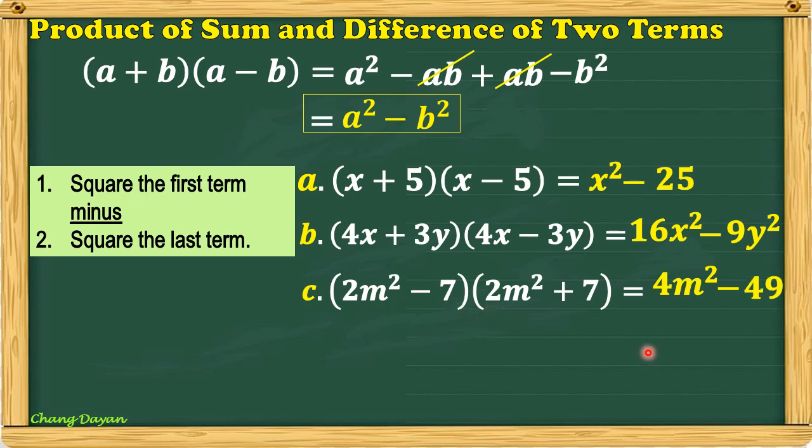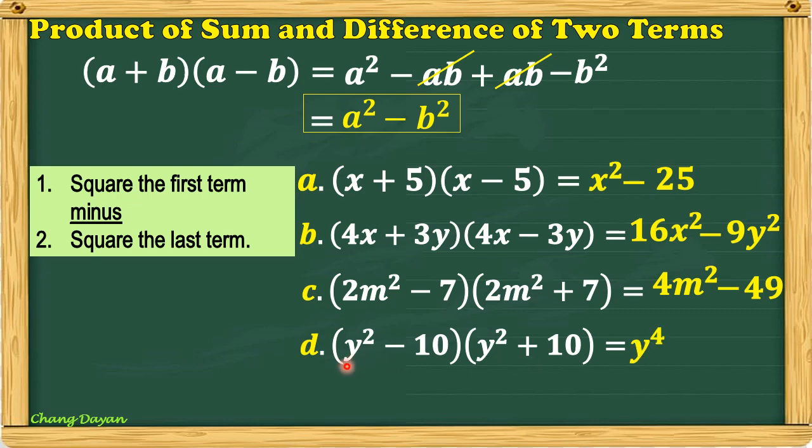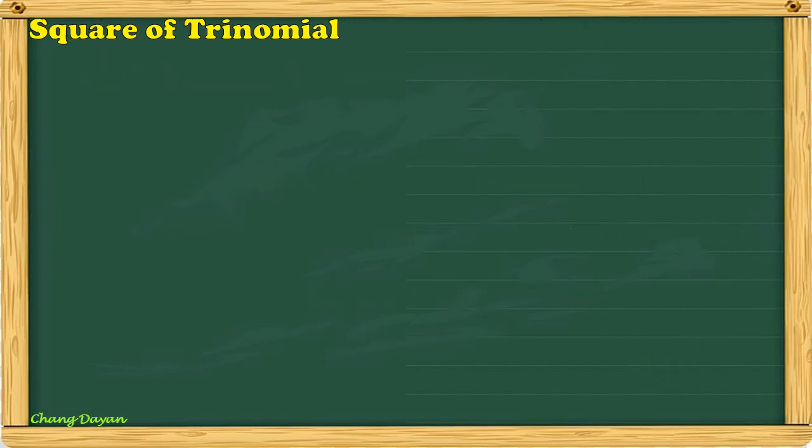Therefore, our answer here is 4m to the 4th power minus 49. Letter D, y squared minus 10 multiplied by y squared plus 10. Again, square the first term, that is y to the 4th power. Minus, square the last term. 10 times 10, we have 100. Our answer here is y to the 4th minus 100.